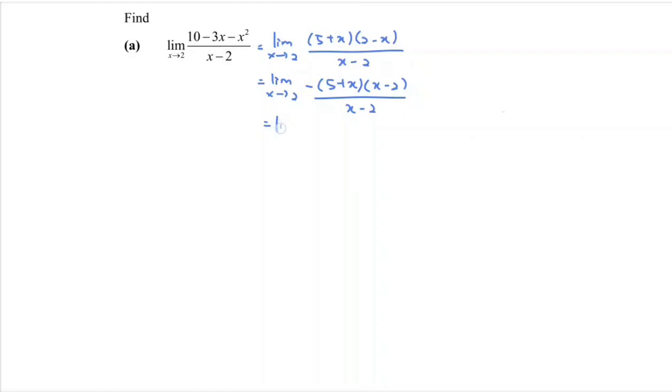Kindly simplify. The limit when x approaches 2 is negative (5 plus x). If we substitute the value, we will have negative 7. So the limit when x approaches 2 for the function (10 minus 3x minus x squared) over (x minus 2), the value of y will approach negative 7.